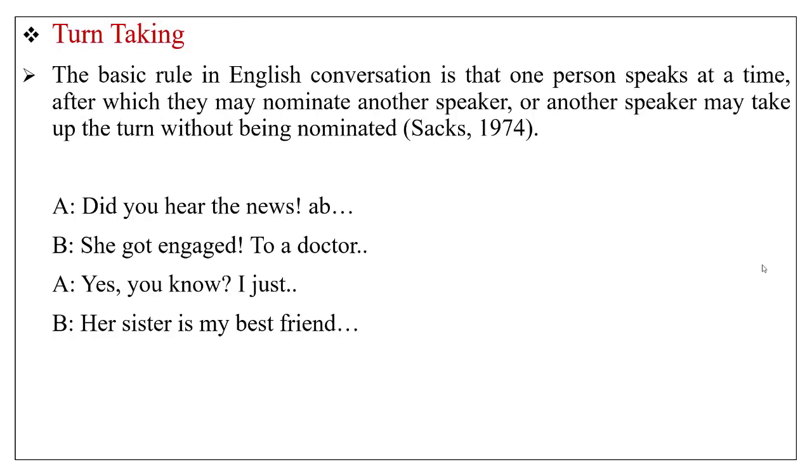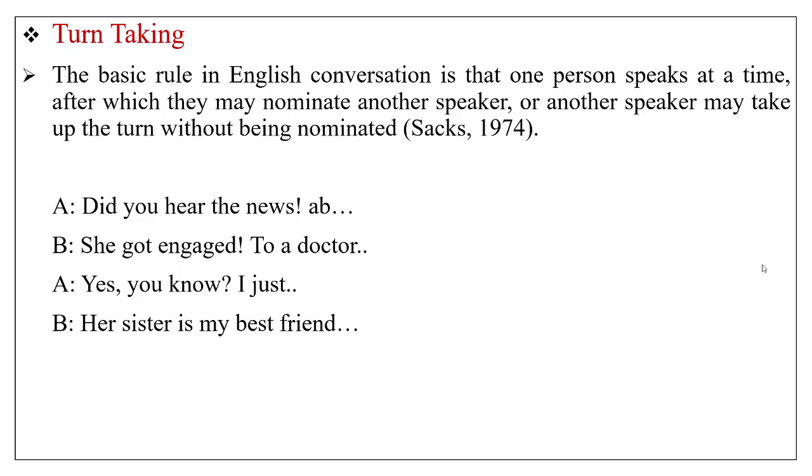Another notion that is very important in conversation analysis is turn taking. The basic rule in English conversation is that one person speaks at a time, after which they may nominate another person, or another speaker may take up the turn without being nominated. This is the definition of turn taking. For example, "Did you hear the news, Abraham?" Person B: "She got engaged to a doctor."